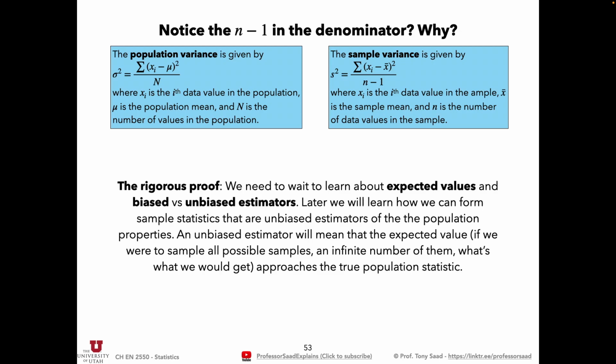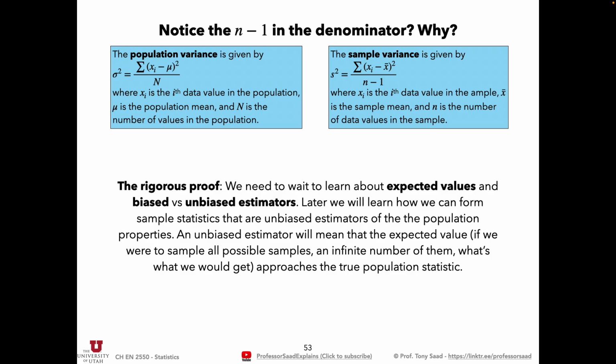Anyway, now the more rigorous proof, which we will come to later, is that once we get to statistical inference, if you remember, the idea was we want to infer properties of the population, mu and sigma, from statistics of the sample, x bar and s.